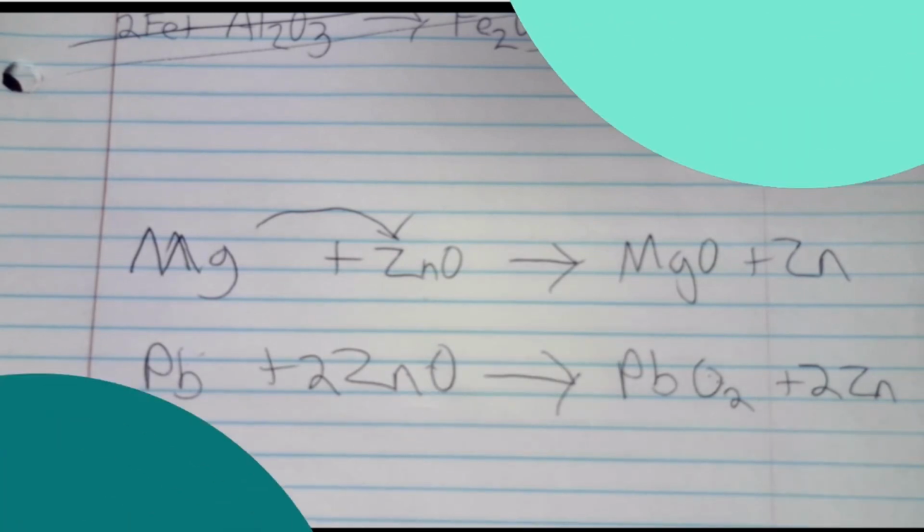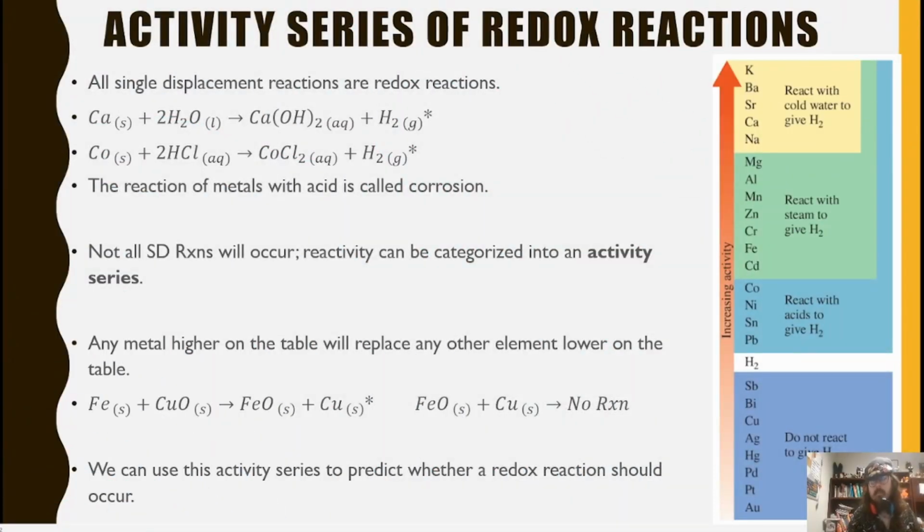Looking here, we see magnesium right here at the top of the green. Zinc is about in the middle of the green. So will magnesium replace zinc? The answer is yes. But lead here is the bottom of the light blue. Will lead replace zinc, which is the middle of the green? The answer is no. So no reaction will occur. So that's a big no.